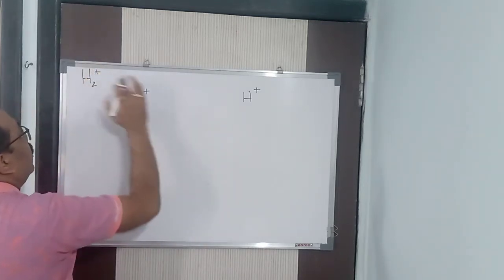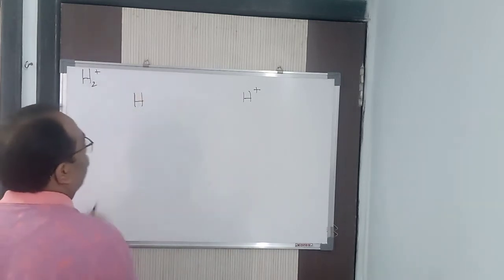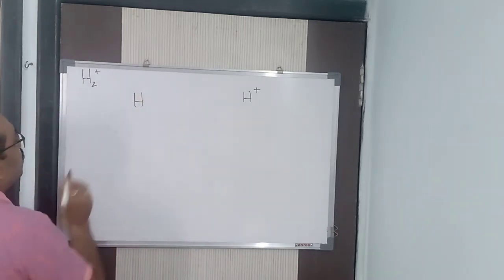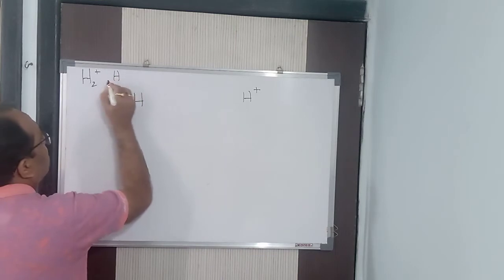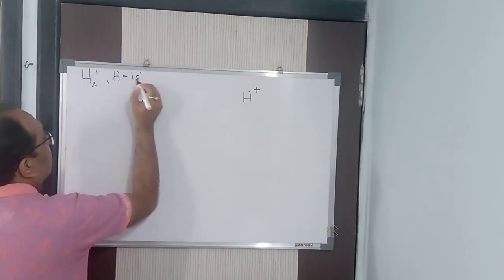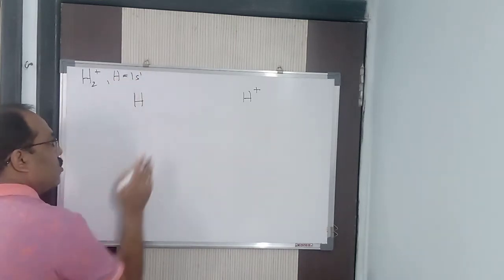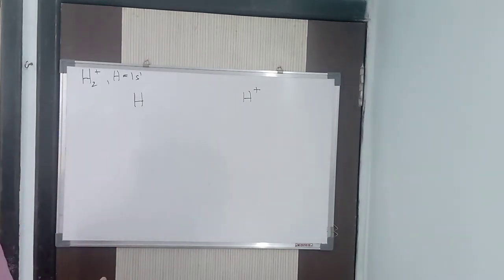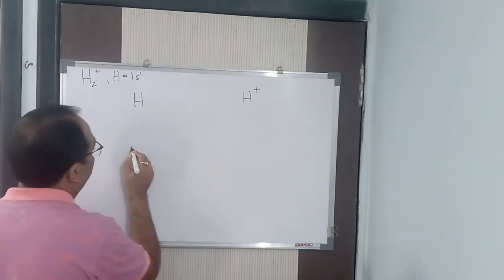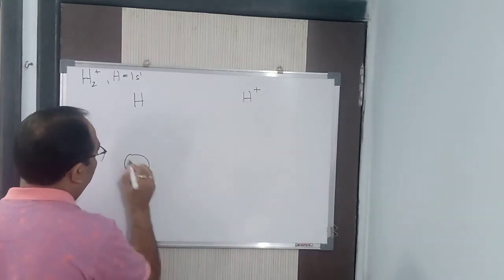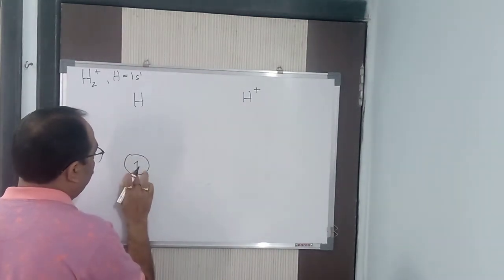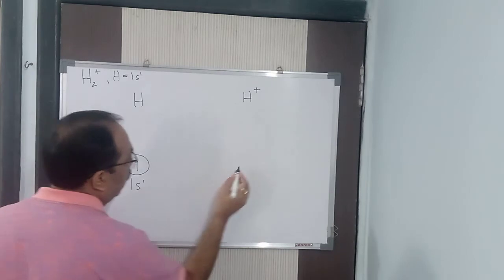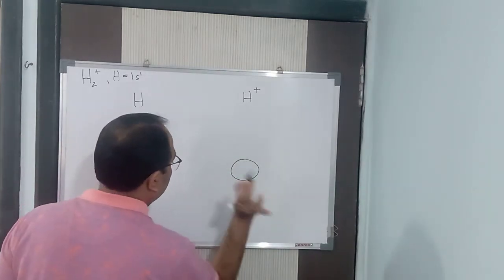But here I will draw for the H2 plus ion. What is the electronic configuration of hydrogen? 1s1. And H plus means that also is not there; H plus means nothing is there, completely vacant. So here we'll take 1s1, and here I'll take nothing, 0.